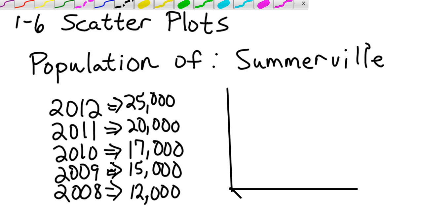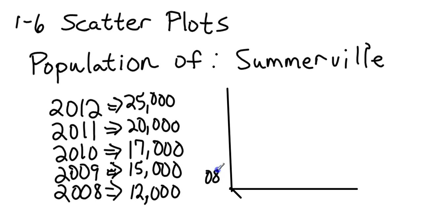We're back at it. Let's go on the sides. We're going to start with our 08, and we go to 09, 2010, 2011, 2012. And at the bottom, we're going to go, and this is in thousands, from 10,000 to 25,000.